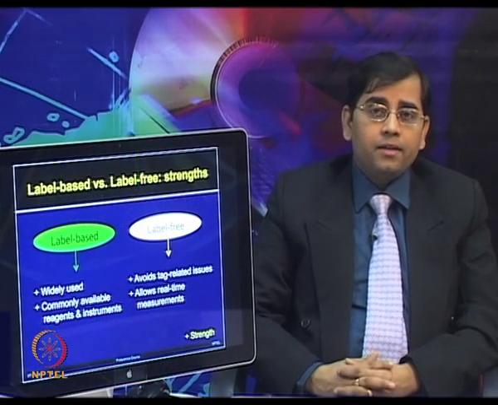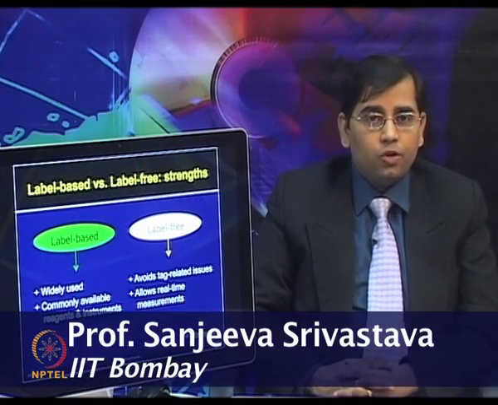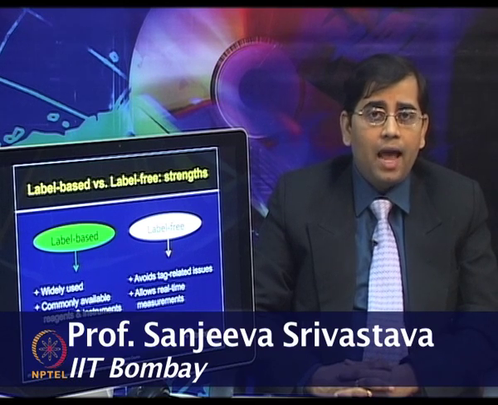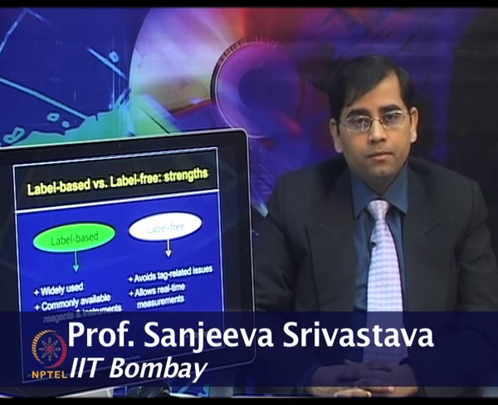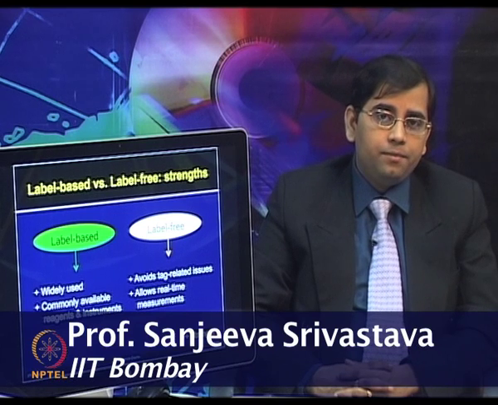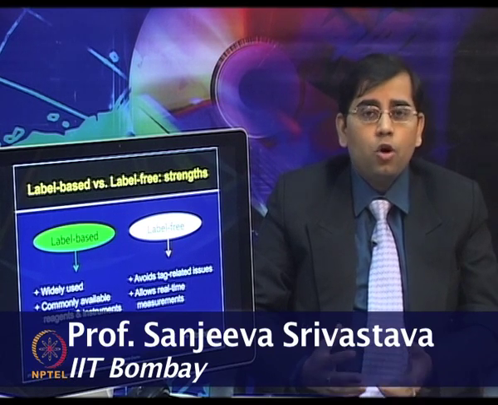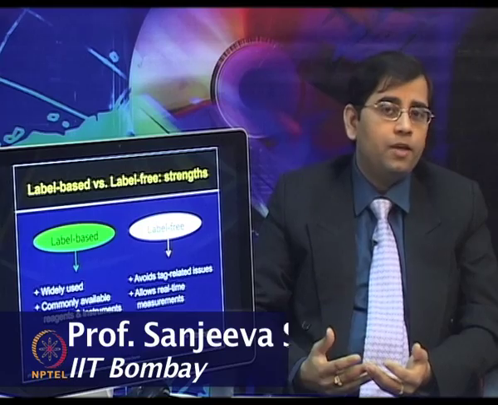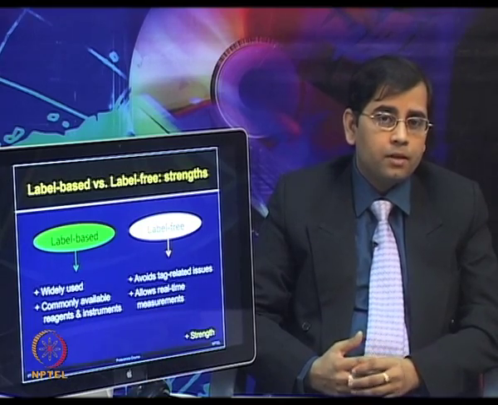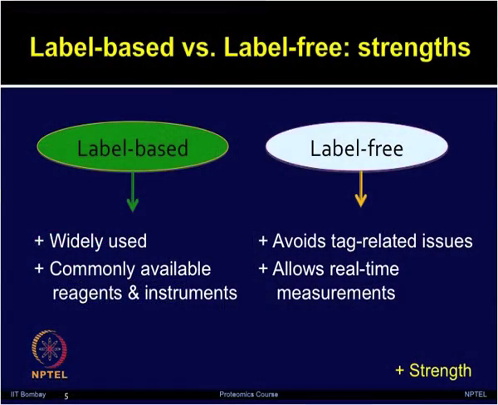So, let us look at the strengths and weaknesses of label-based and label-free methods. Label-based methods are most commonly used in most of the laboratories worldwide. So, most of the reagents are very commonly available, as is the instrumentation. The label-free methods, however, are mostly new.